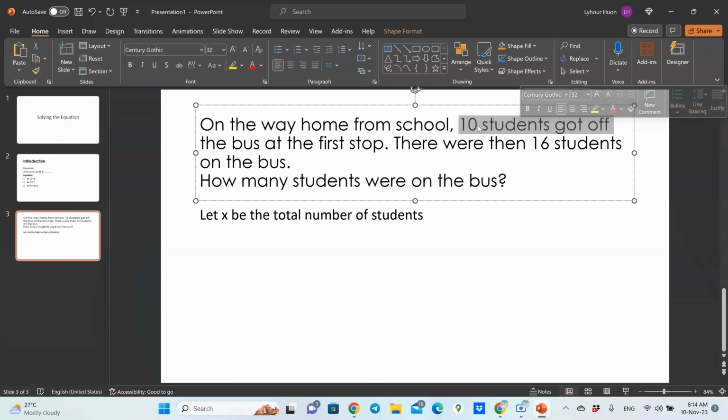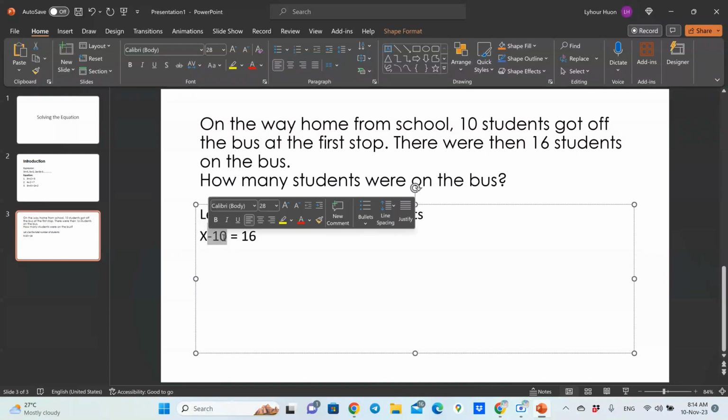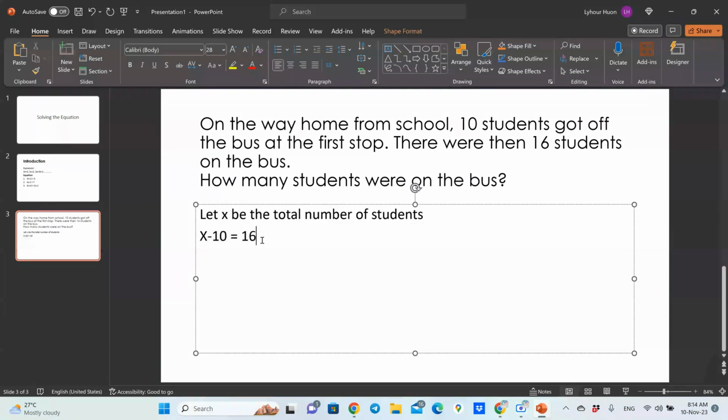So x subtracted by 10 equal to 16, right? So this is the total number of students. When 10 students got off, meaning that we subtract 10 equal to 16. So this is the equation we need to solve.